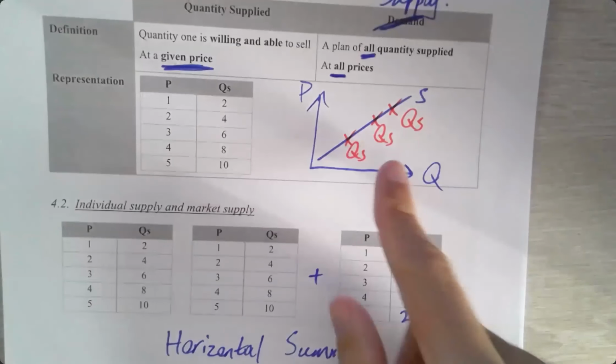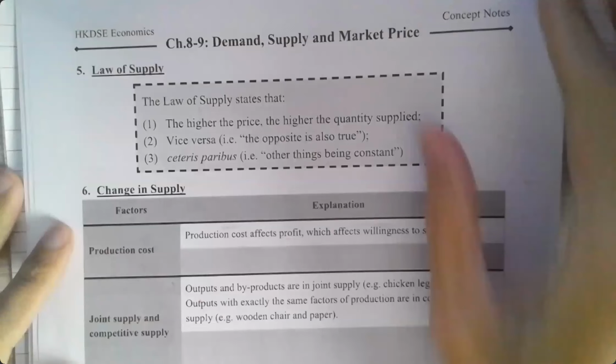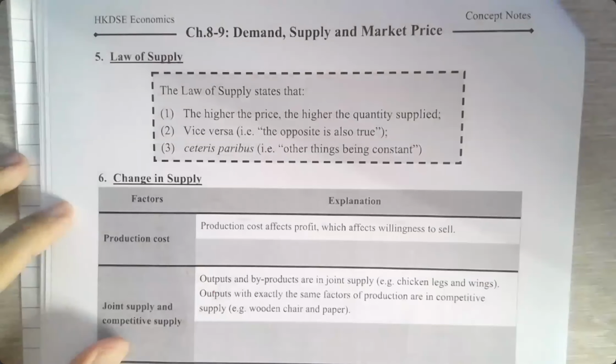You see, this time supply is upward sloping. Why? Because we also have something we call the law of supply. It looks like a familiar box, yes, except one thing.